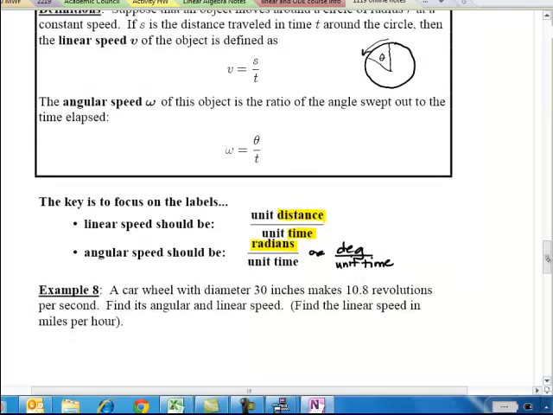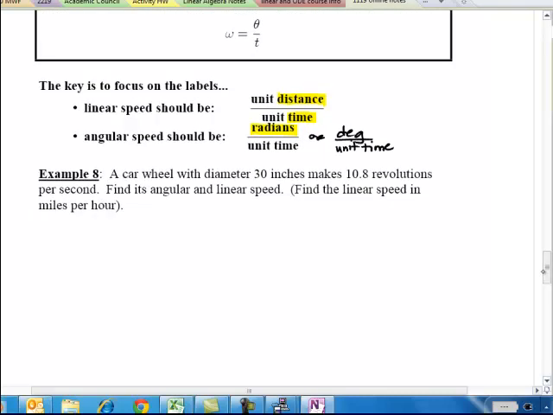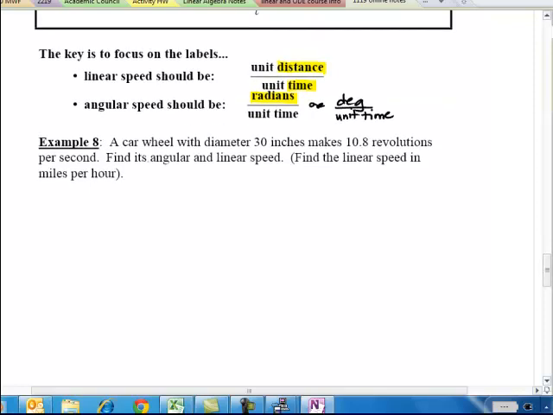So for example, if we look at this example 8, it's saying we've got a car wheel with diameter 30 inches, which means the radius is 15. It makes 10.8 revolutions per second.